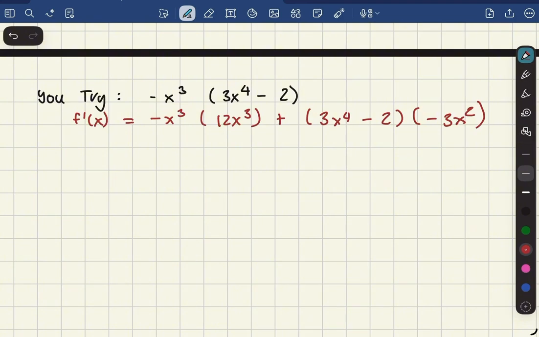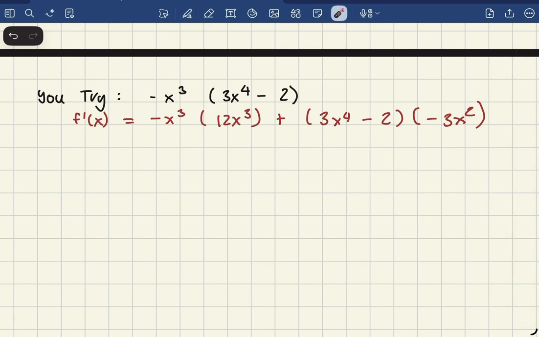If not, then that's totally fine. We can practice more and you will get better at this. Okay, so what I did was I used the formula, which is the first function times the derivative of the second function plus the second function times the derivative of the first function.